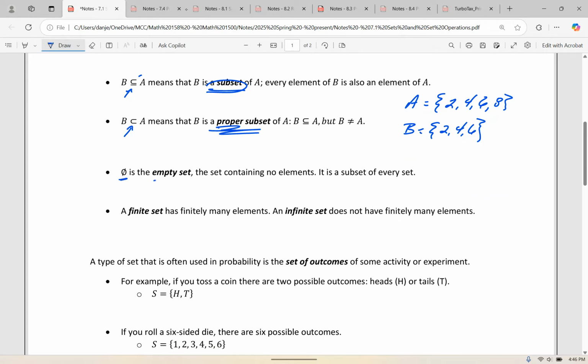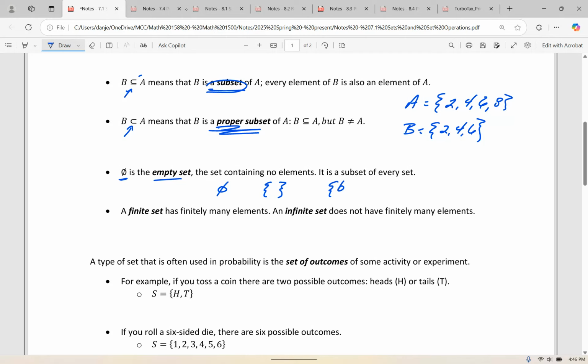The null set, or the empty set, is the set that has no elements. It's a subset of every single set. That seems trivial. Here's something that people get confused with. That null symbol means it's the empty set. There are no terms. Some people will write it as a set with the braces that's just empty. That's also okay.